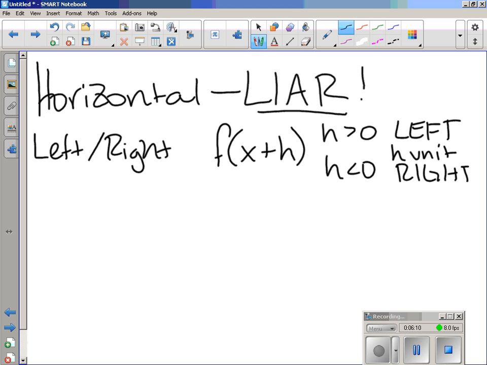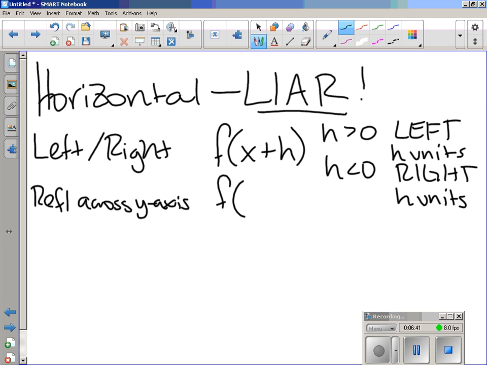You learned this in Algebra 1, but I know it's been forever. I could explain why it does the opposite, but that might be more detail than you're interested in right now. You just need to know horizontal transformations lie. Okay, now the type of horizontal reflection is a reflection across, or over, the y-axis.